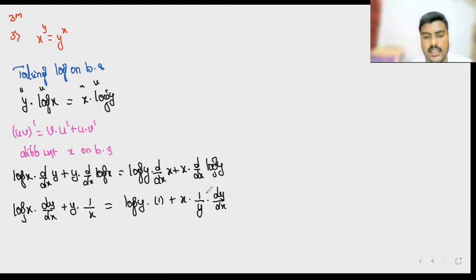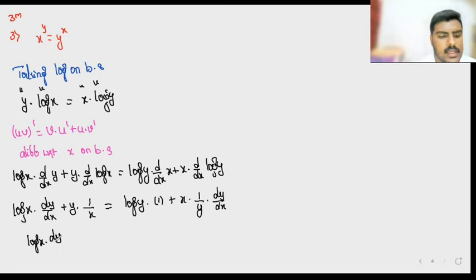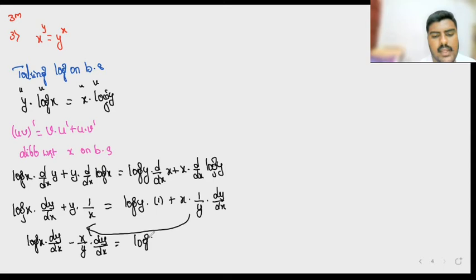Got it now? So now, dy by dx terms we should take to one side, and the other constant terms to the other side. So log x into dy by dx, minus x by y into dy by dx, equal to log y minus y by x.